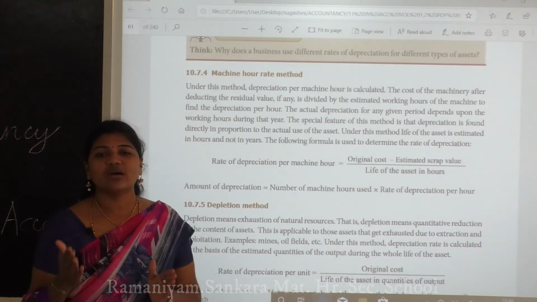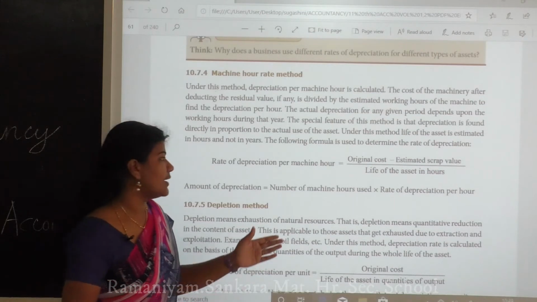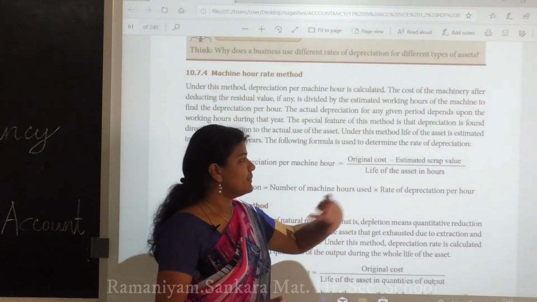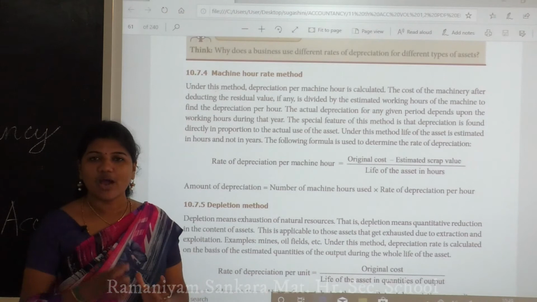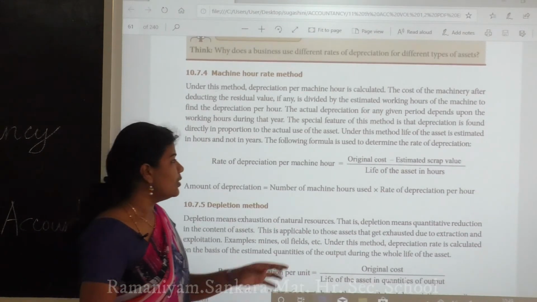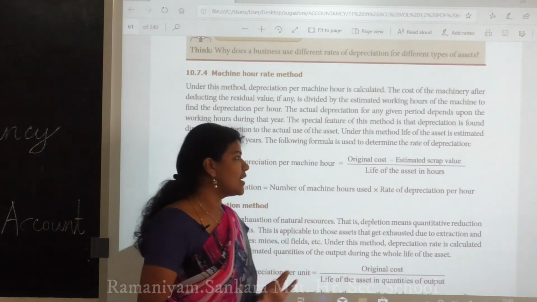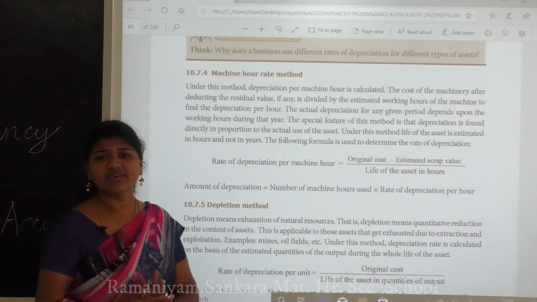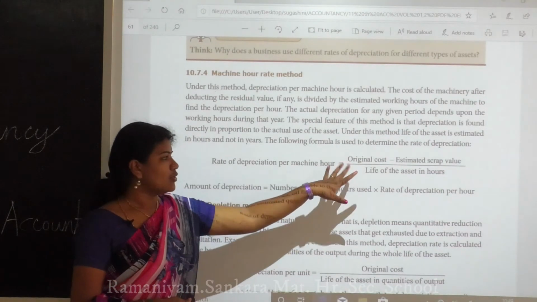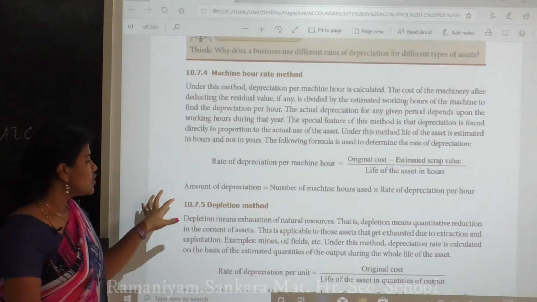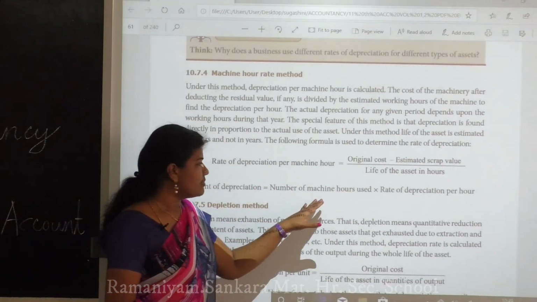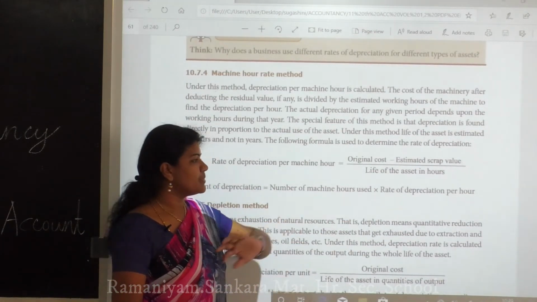Original cost, whatever the cost value is, we write it here. Estimated scrap value, how much we put in. Divided by life of the asset in hours, 8 hours or 10 hours or 12 hours, we calculate it and write it here. So amount of depreciation is the number of machine hours used into rate of depreciation per hour.